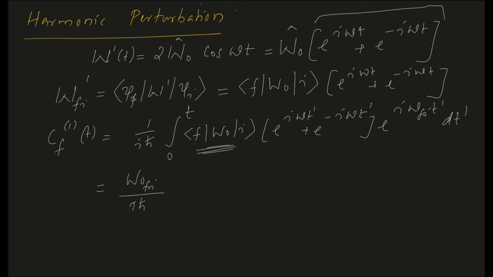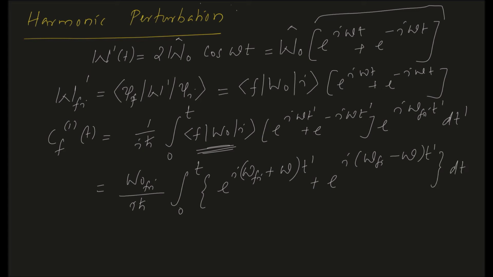So this divided by i h cross, integral 0 to t, we can write e raised to i (omega_fi plus omega) t' plus e raised to i (omega_fi minus omega) t', all multiplied by dt'. These are very straightforward integrals that you can do yourself.